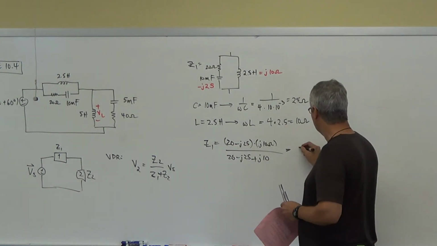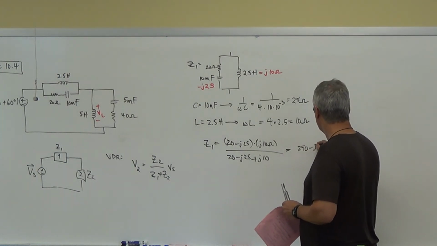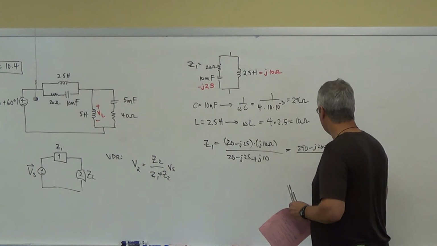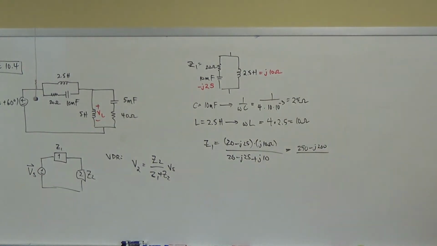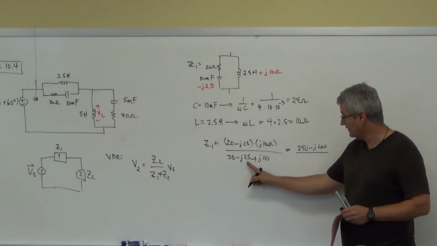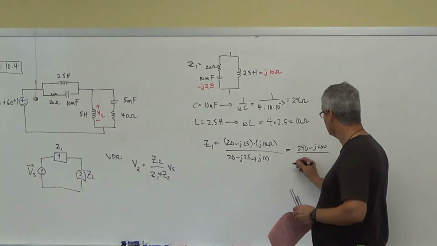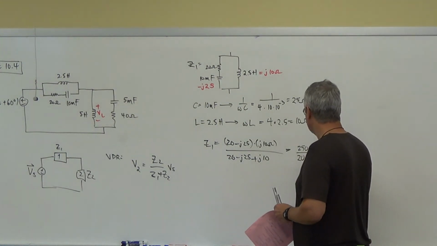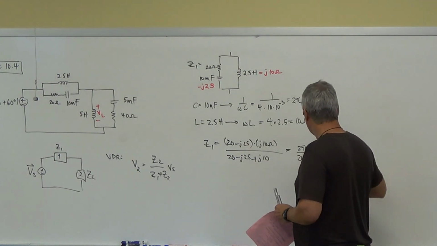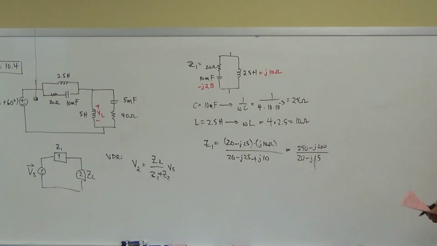So I'm really getting 250 minus J200. That's what the numerator is. In the denominator, minus 25 plus 10 gives me negative 15. So this should be 20 minus J15. Assuming that I have a good answer to this.